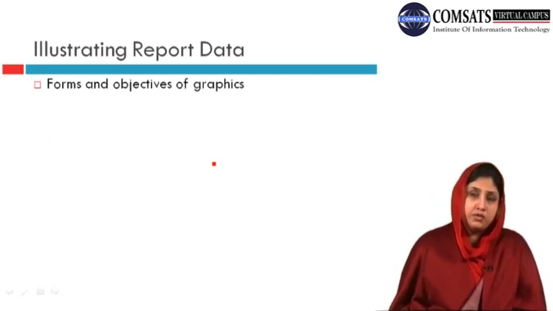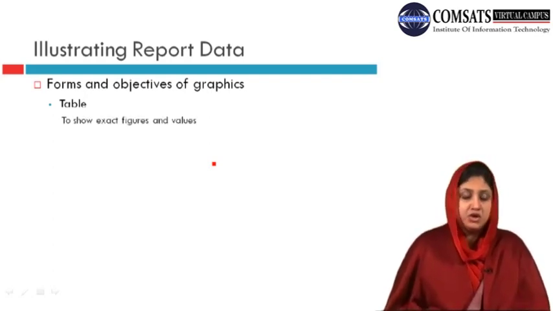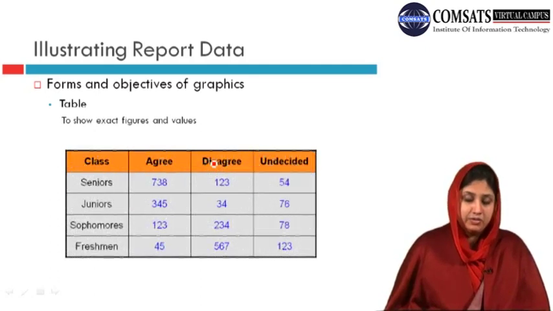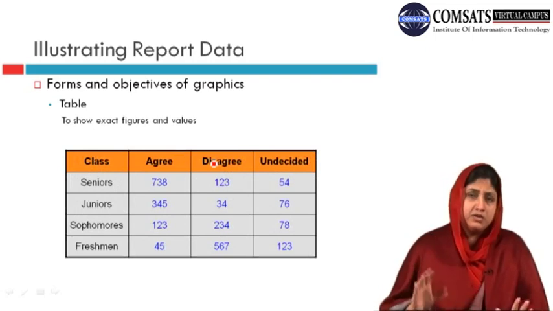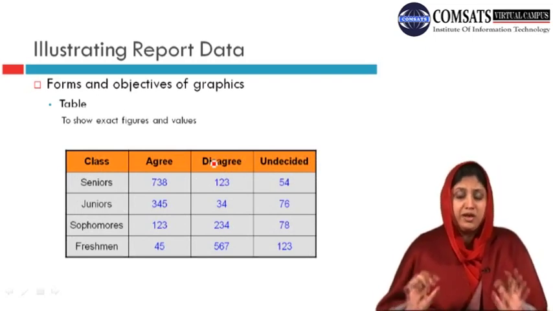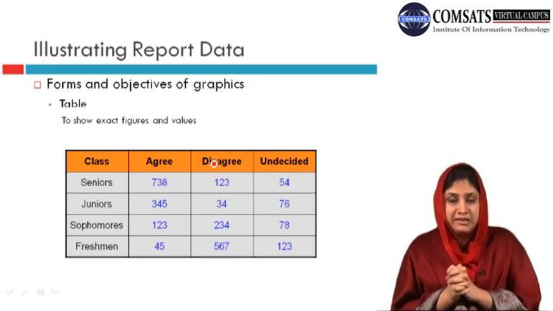And the forms and objectives of graphics are different most of the time. Like tables, they show exact figures and values. You can look at the screen and see that in the tables you can always use your menu bars, like class, agree, disagree, or undecided.